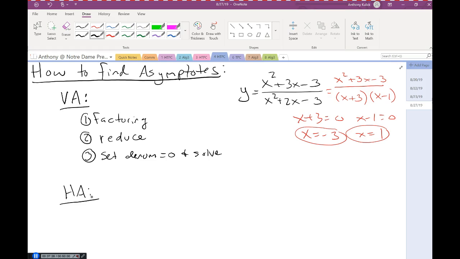Okay. How about the horizontal asymptotes? This was a little bit more complicated. Does anybody remember kind of what this involved, even if you don't remember the specific rules for how to do it?